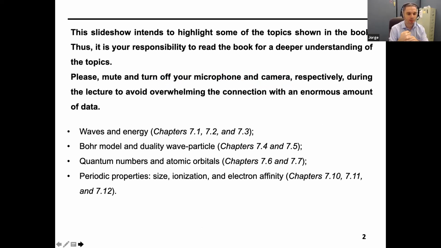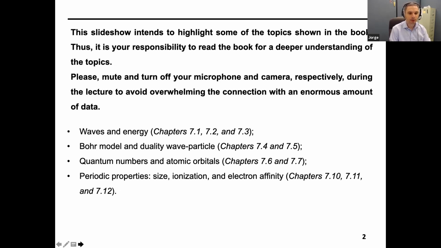Let's talk about the Bohr model and wave-particle duality. And from there, we will move on to quantum numbers and atomic orbitals. To finish the chapter, we will talk about, again, the periodic table and the periodic properties: size, ionization, and electron affinity. So that's our agenda for chapter number 7.